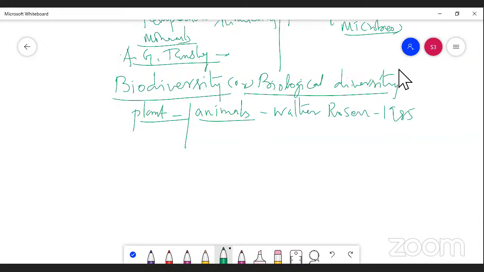In 1985, Walter Rosen gave the term biodiversity or biological diversity.